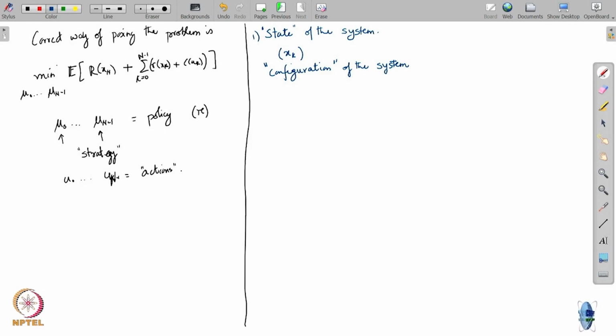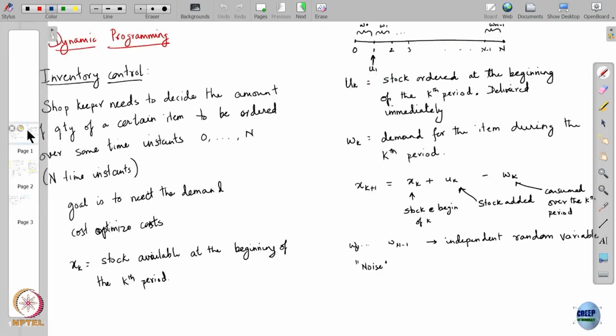For instance, in the previous problem, because we were talking of inventory and trying to decide the stock over these n time periods, we could have taken the state as the entire history of the stock levels up till time k. Now, that entire history could be taken, but it does not help in trying to decide what we are actually looking for, which is the amount of stock to be ordered.